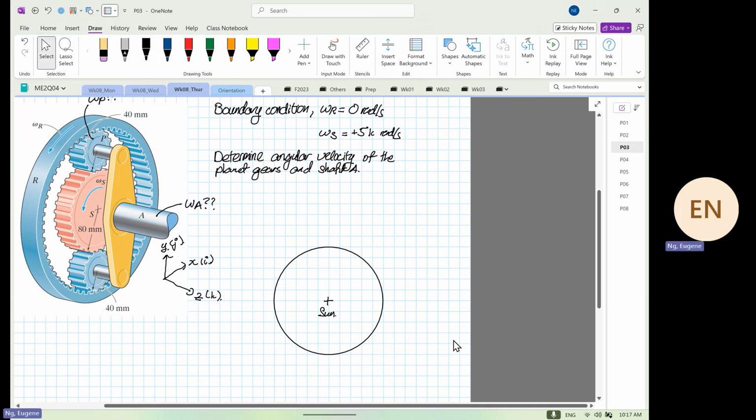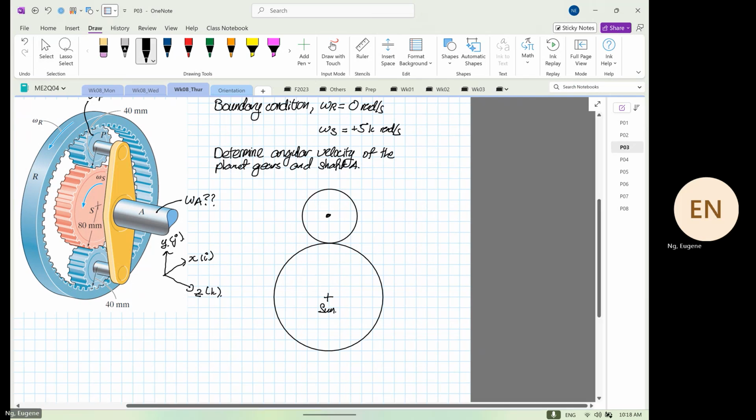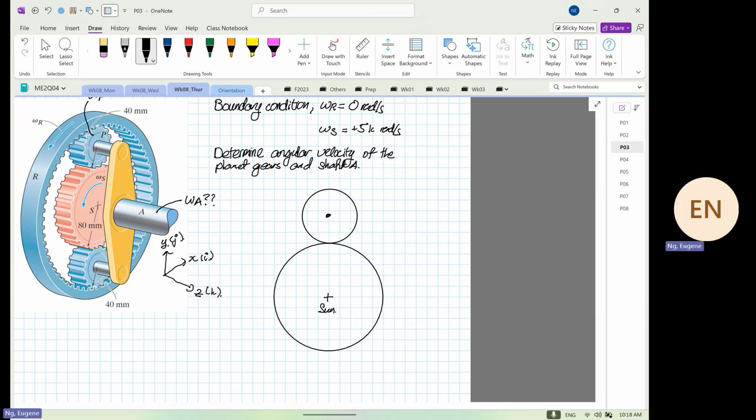And then we have a planetary gear, and this planetary gear sits on top. Okay. And the only thing that is given to us is omega S is rotating this way.